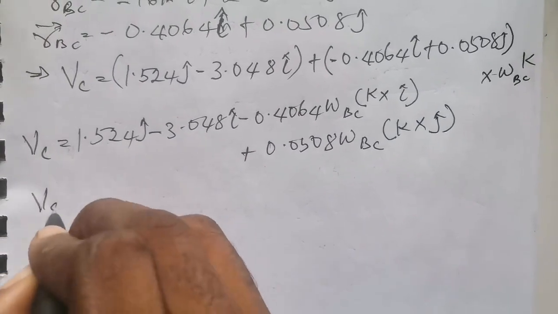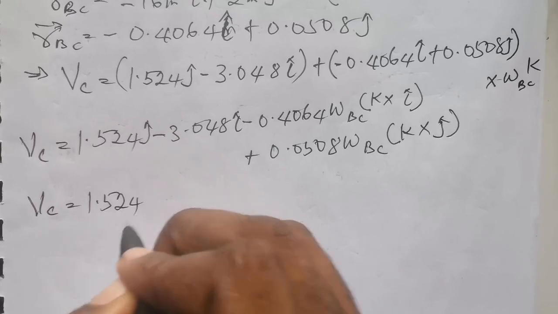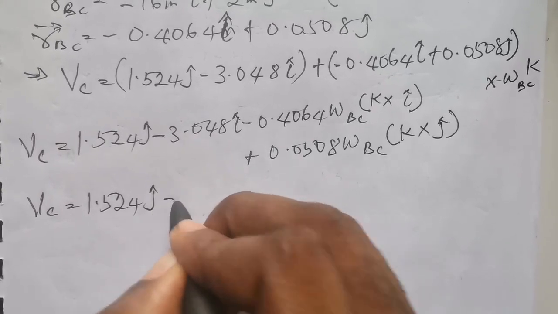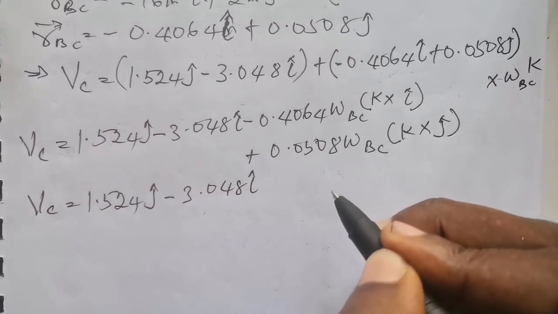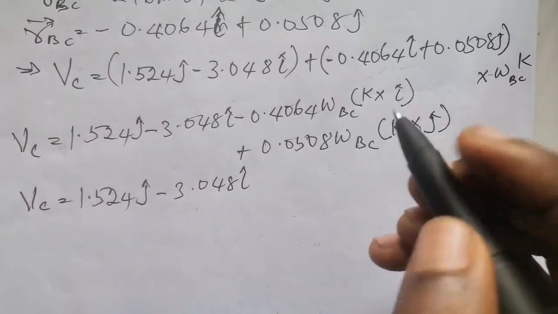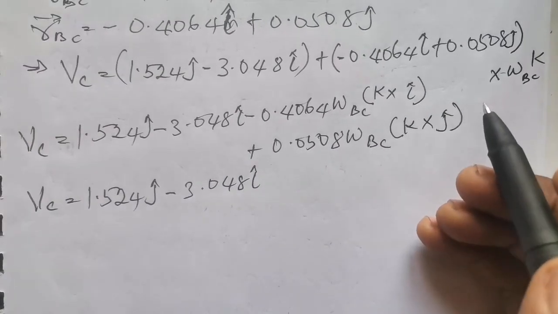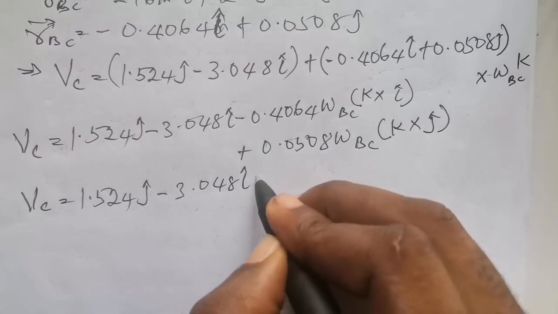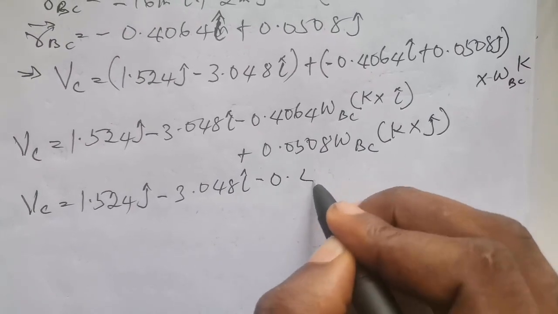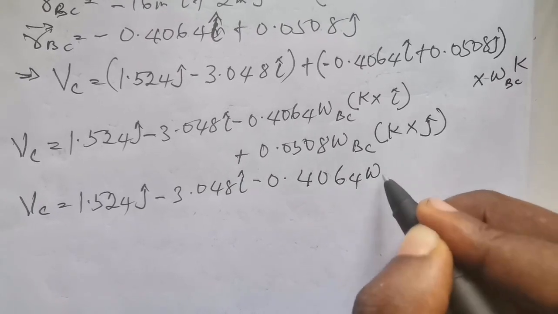So VC is equal to 1.524 J minus 3.048 I. Okay, so let's now expand. K cross I simply gives us J. So that means we simply have minus 0.4064 omega BC.